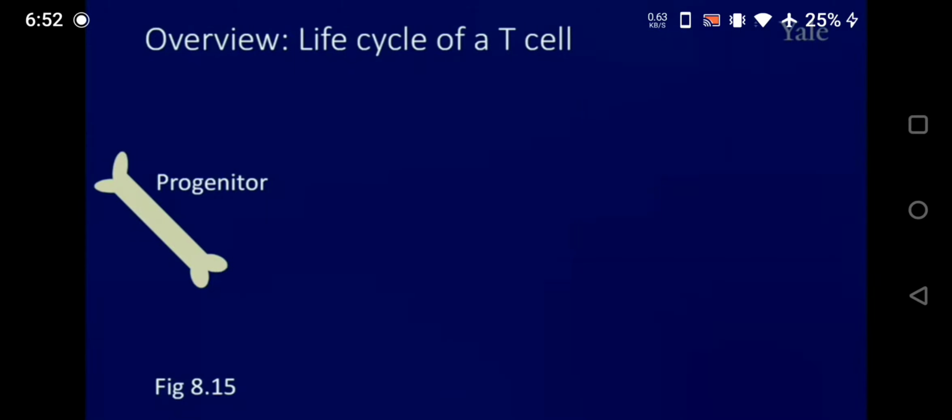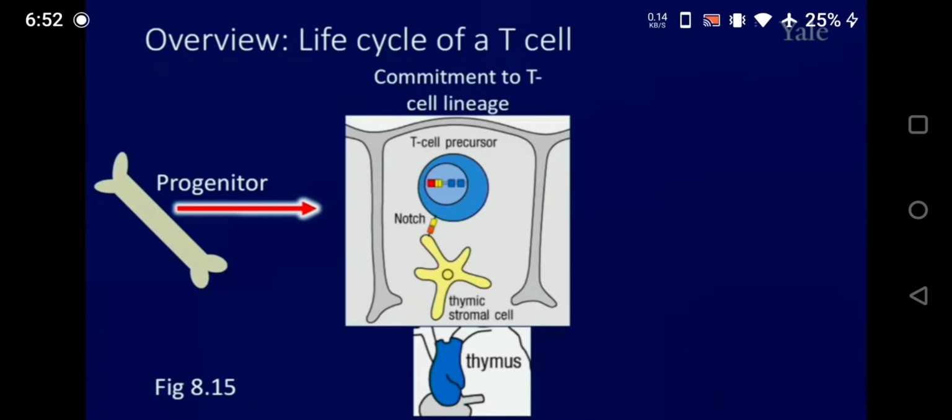So giving a general overview of the life cycle of a T cell, as I've mentioned several times already, the T cells, like the B cells, start out in the bone marrow with these progenitor lymphocytes. But before continuing on in T cell development, they will move from the bone marrow through circulation to the thymus. And then when these progenitor cells reach the thymus, they will receive these key signals, which we'll discuss further, in order to commit to a T cell lineage.